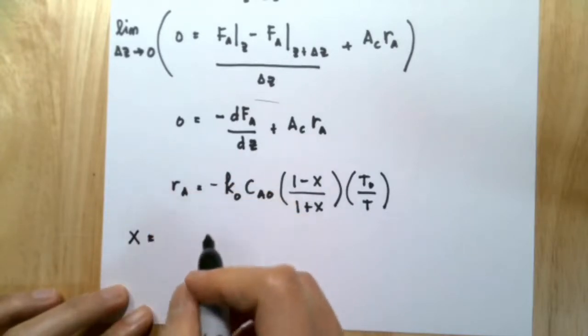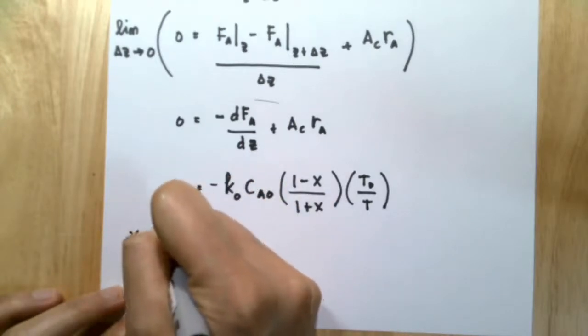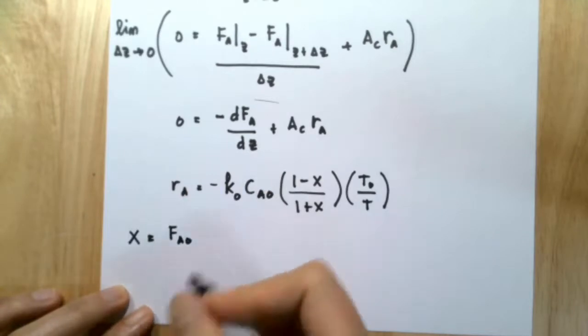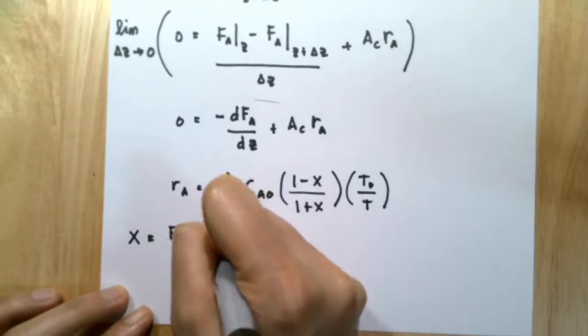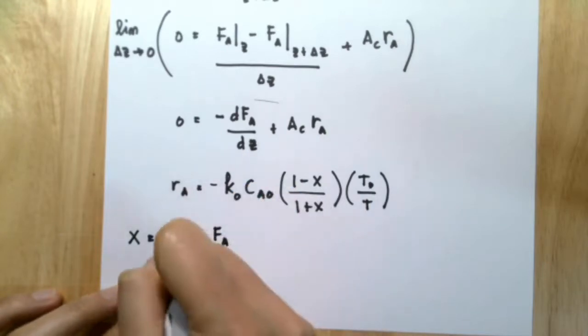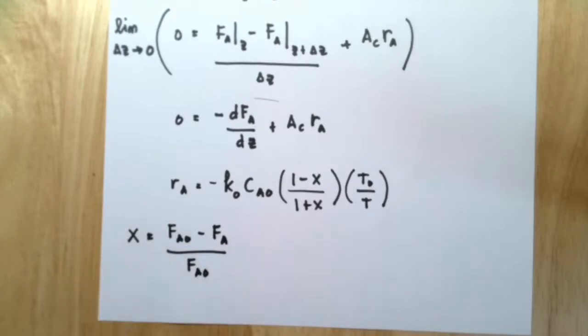The amount that has reacted at any point Z is equal to the amount at the inlet, FA0, minus the amount at any given Z, FA, divided by what went in, that's FA0.